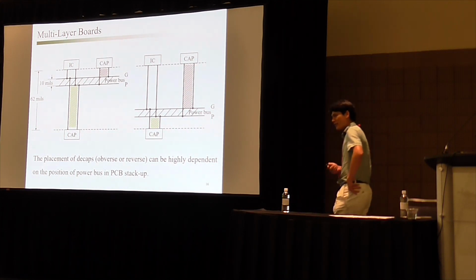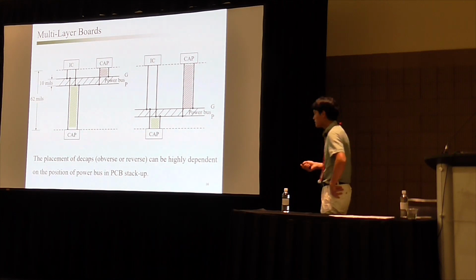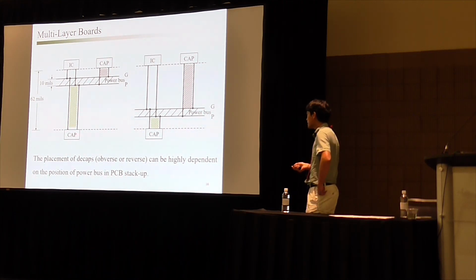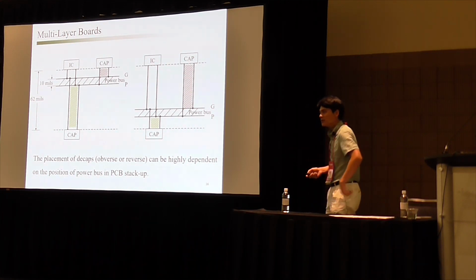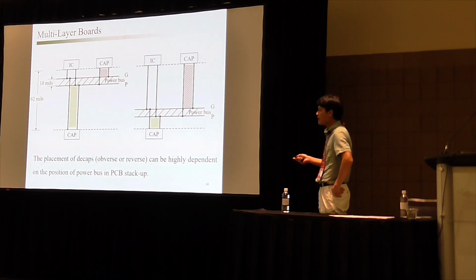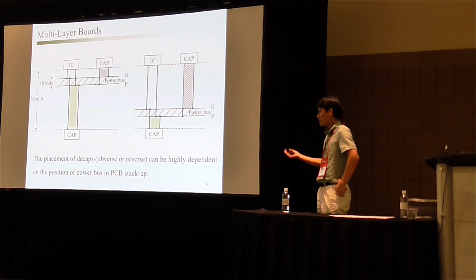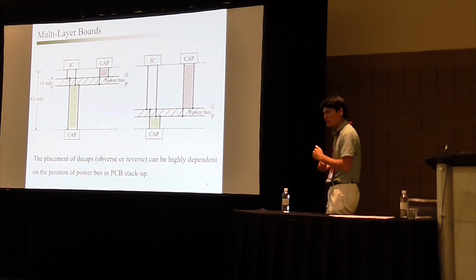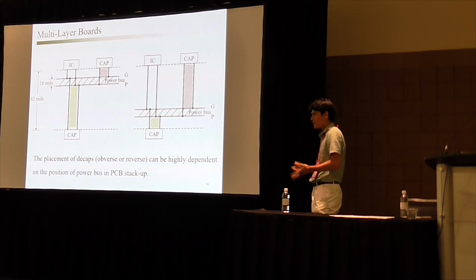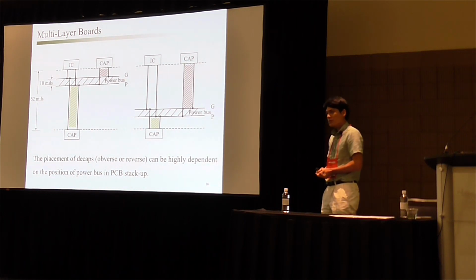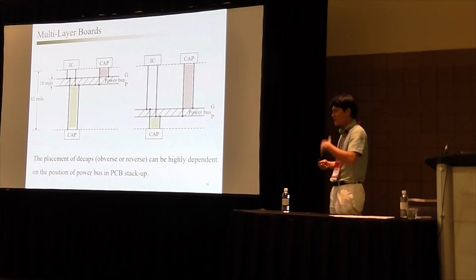So we can make a very simple conclusion that we should place the decap on the side closer to the power layer. If the power layer is close to the top, we should place the decoupling capacitors on the top. If the power layer is close to the bottom, then it's better to have decaps on the bottom.